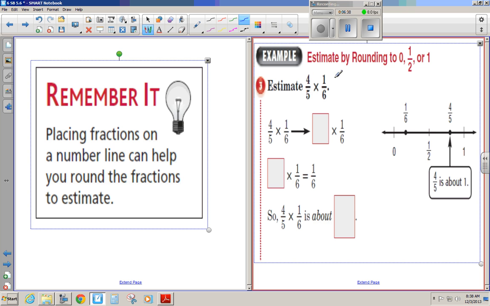So when you're getting ready to multiply fractions and we want to estimate, you should see that 4/5 is quite close to 1. So you could estimate this just by rounding 4/5 to 1. And so 4/5 times 1/6 is approximately 1/6.